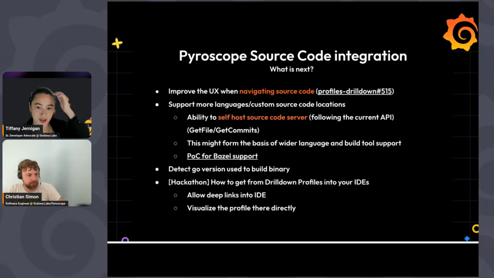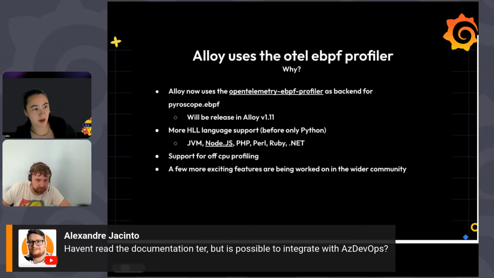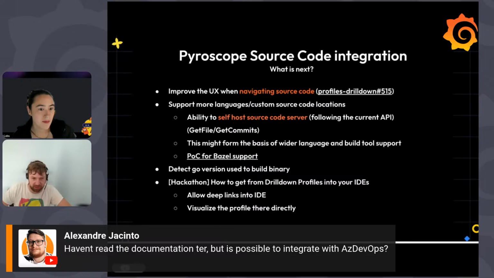And I'm going to throw in a question. The question is whether it's possible to integrate with Azure DevOps. Okay, Azure DevOps. I don't know. At least I assume that's what AZ stands for. I'm not fully sure what Azure DevOps does.